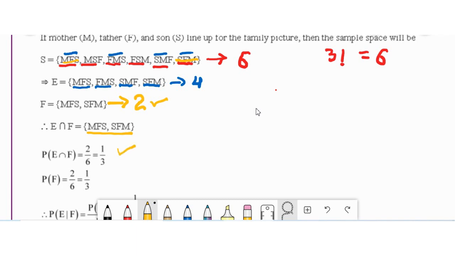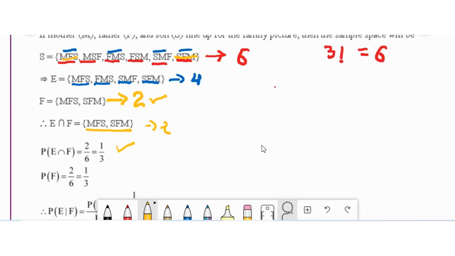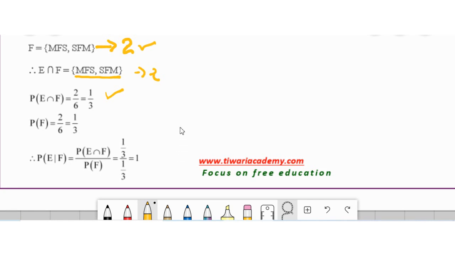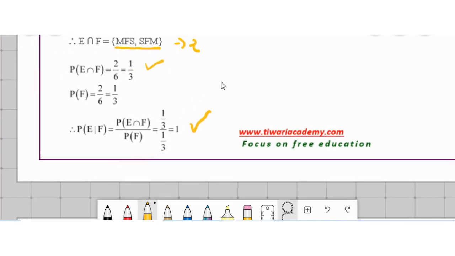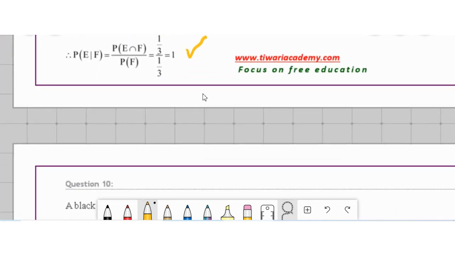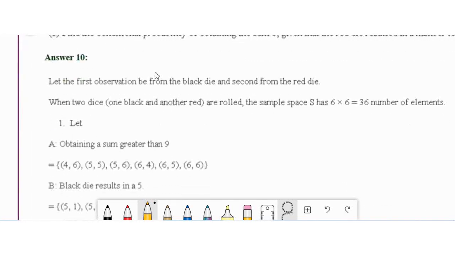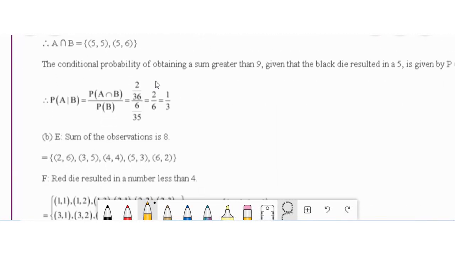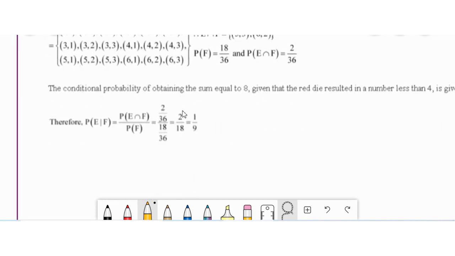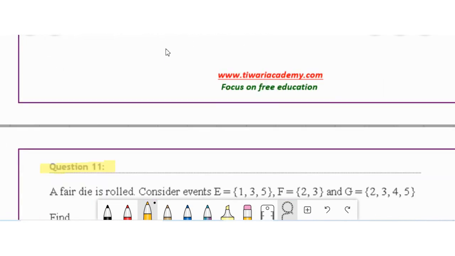And for F also we have 2 outcomes, so P of F is equal to 1 upon 3. And if you want to find E by F, then P of E intersection F upon P of F is equal to 1. Alright, fortunately in both cases we are getting the answer 1. It is not necessary that you will always get answer 1.